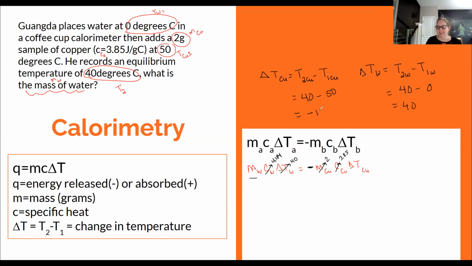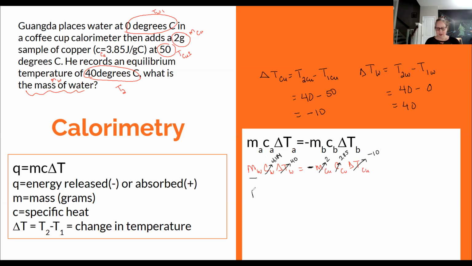Go slowly, that's going to be negative 10. Why? The copper got colder, so it went down in temperature. It went to the left on the number line. The water got warmer, so it has a positive value. It added heat or added kinetic energy. Okay. So the change in temperature of the copper is negative 10.